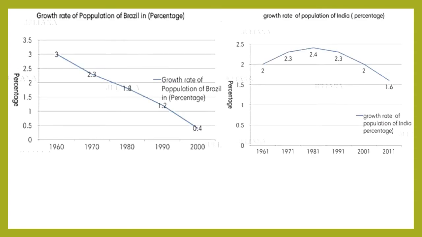So if we see the graph of both Brazil and India, we see here that this vertical line is the y-axis, whereas the horizontal line is the x-axis. Y-axis shows us the percentage of growth rate, whereas x-axis shows the years.